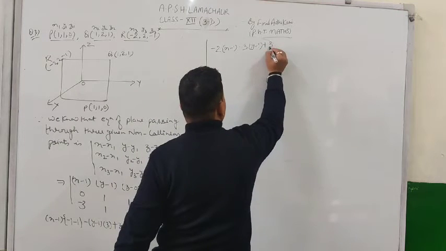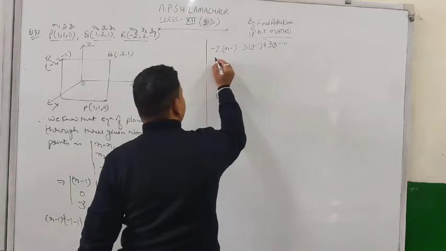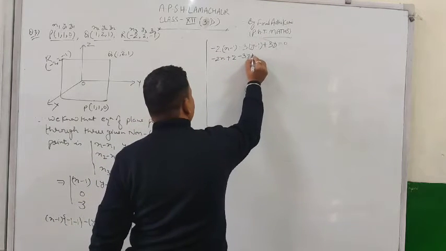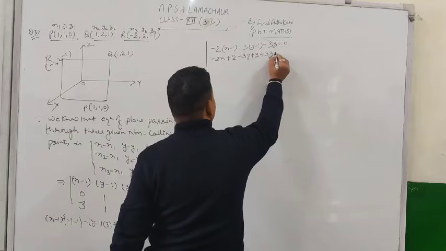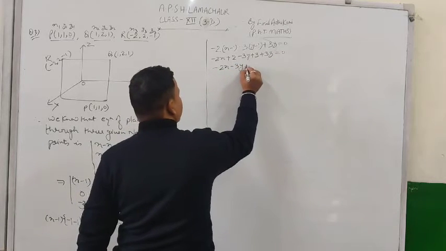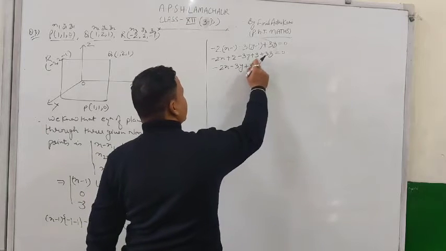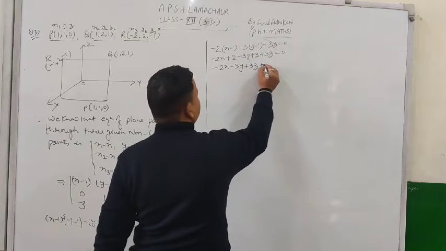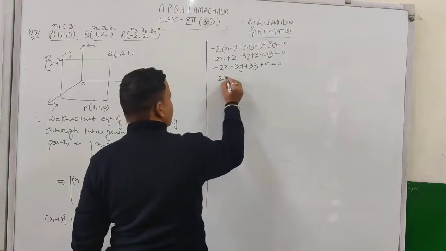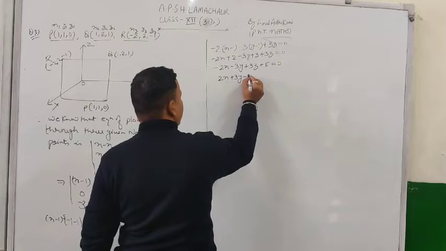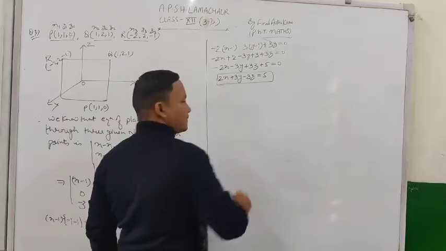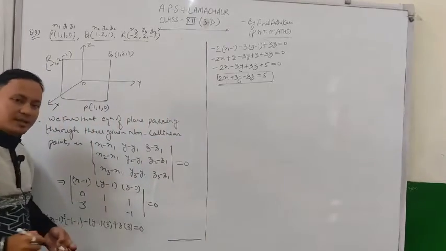So the required answer is minus 2x plus 2 minus 3y plus 3 plus 3z equal to 0, or you can say minus 2x minus 3y plus 3z, 3 plus 2, that is 5, plus 5 equal to 0. So as you can take minus as common, our required answer is 2x plus 3y minus 3z equal to 5. This is the required equation of the plane passing through the 3 given non-collinear points.